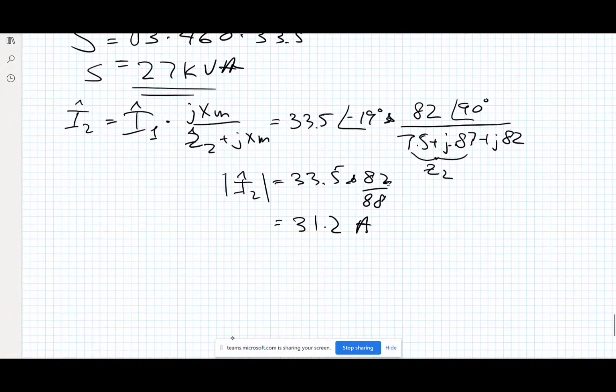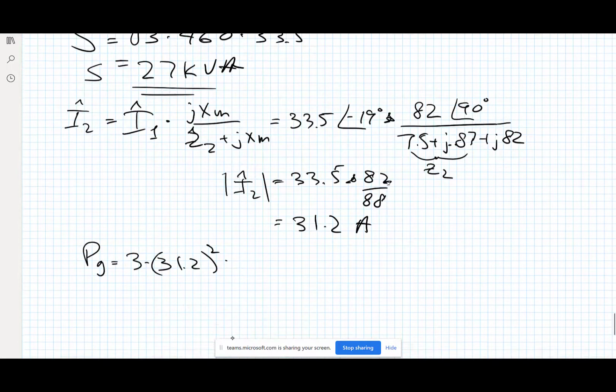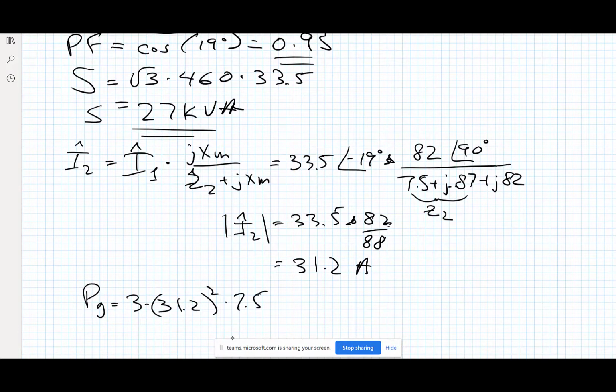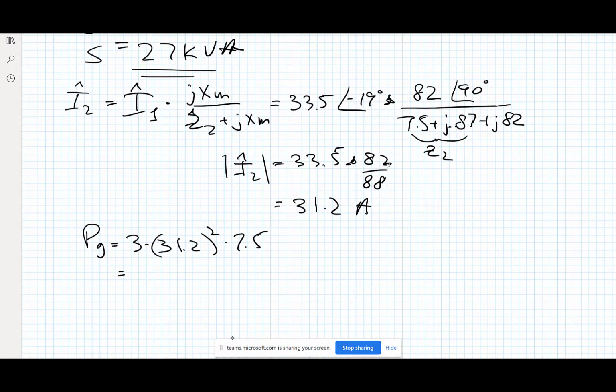So I could find the P gap: 3 times 31.2 squared times the rotor resistance, R over S, which was 7.5. So 31.2 squared times 7.5 times 3 is 21.9 kilowatts.